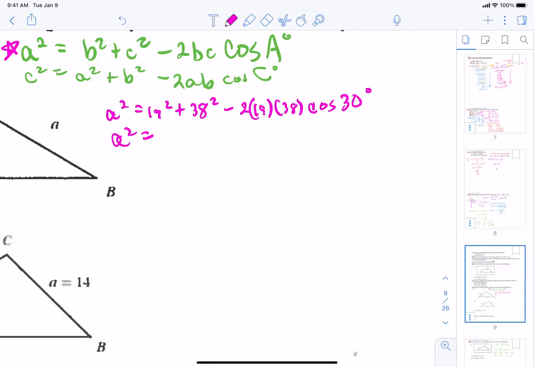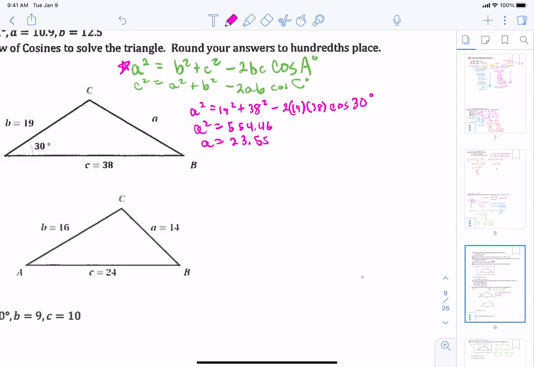Again, make sure your calculator is in degrees. That's 554.46. And so if you square root it, you get 23.55. Okay, so now that's A.